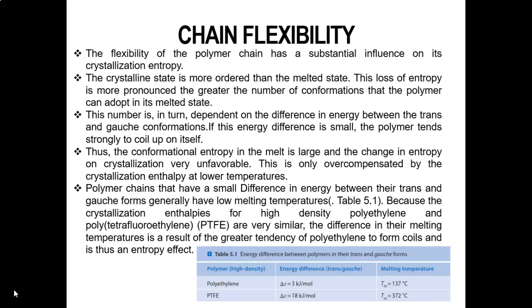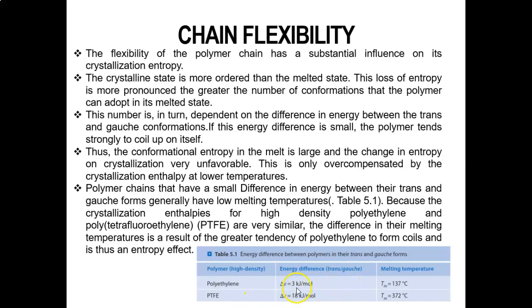So this is only overcompensated by the crystallization enthalpy at lower temperature. Polymer chains that have a small difference in energy between their trans and gauche forms generally have low melting temperature. Because the crystallization enthalpy for high-density polyethylene and PTFE are very similar, the difference in their melting temperature is a result of the greater tendency of polyethylene to form coils and is thus an entropy effect. You can see this is the energy difference between trans and gauche.